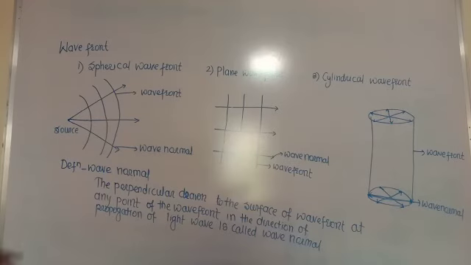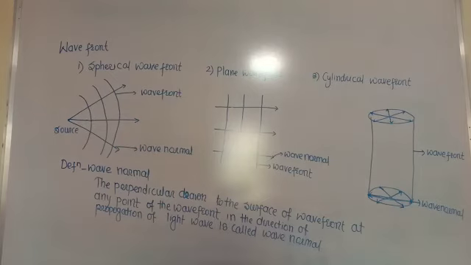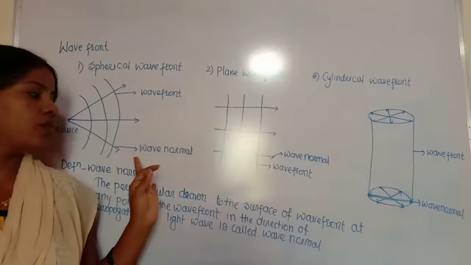It is called the wave normal. So this is the definition of wave normal, and these are the three types of wavefront. I hope you all understand what the wavefront is and what the wave normal is.